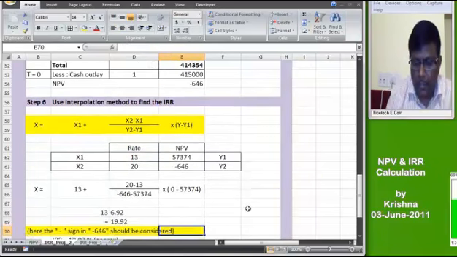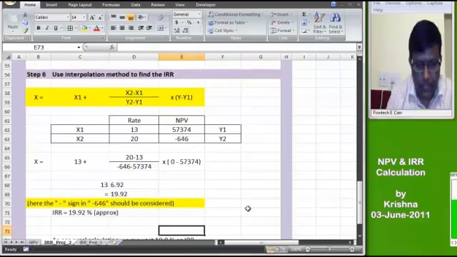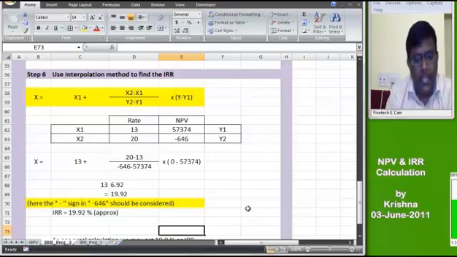Then we arrive at the IRR as 19.92%. So at this rate of 19.92, the net present value of project 2 will be 0.